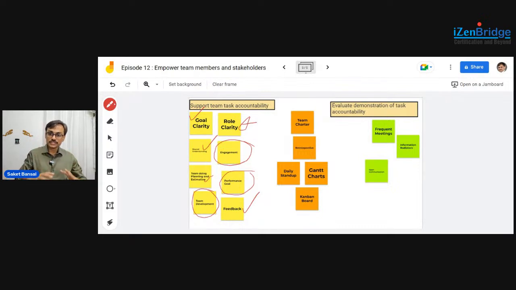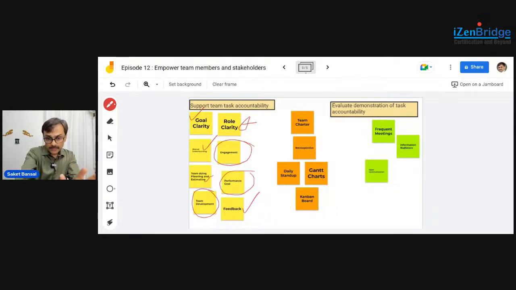So we need to ensure that people understand their accountability, they are engaged enough, and they are achieving the business delivery. So we need to balance the tone and urgency, because the sense of urgency for business delivery and clarity about the accountability of business delivery is also one of the objectives of the project manager's task. So I need to create that sense of urgency and clarity about the delivery as well.